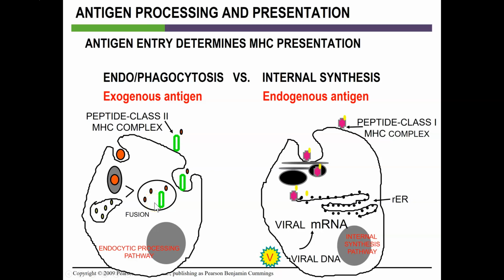And as a result, when the cell does exocytosis, MHC2 and that epitope will be displayed out on the cell surface, with that piece of the phagocytosed antigen being presented on the cell surface. The immune response will be stimulated, specifically our helper T cells. This is our exogenous processing pathway.